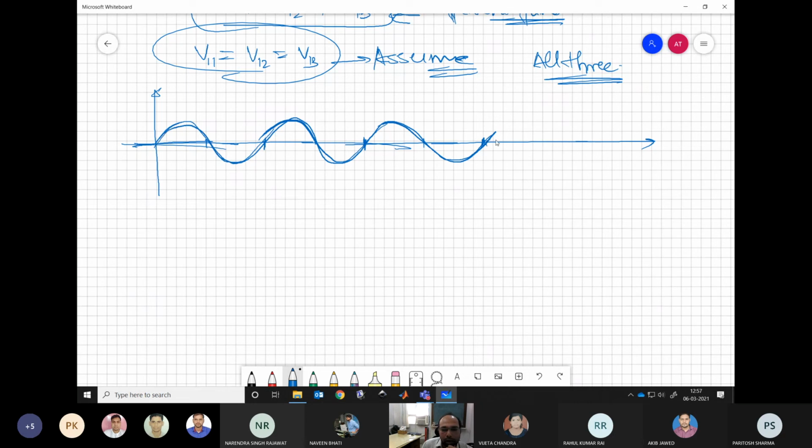Apart from this, it will have another low frequency component sitting on this waveform.